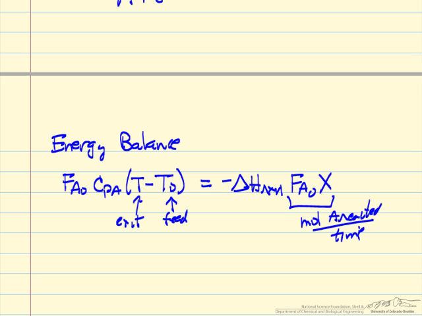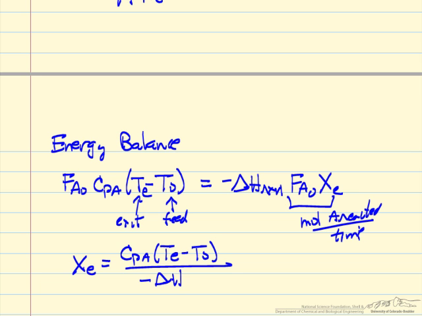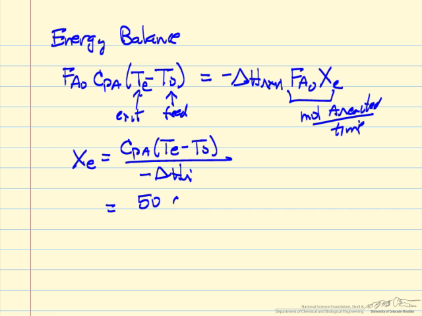And so that means this equation we can also apply at equilibrium. Equilibrium temperature corresponds to equilibrium conversion. So X at equilibrium times the heat capacity of A, times the equilibrium temperature minus the feed temperature, minus the heat of reaction. The heat capacity is 50 calories per mole per Kelvin. The feed temperature is 300, and this is the equilibrium temperature.